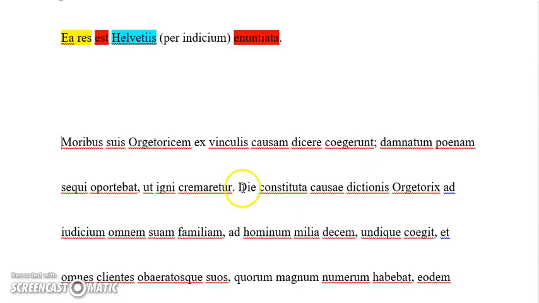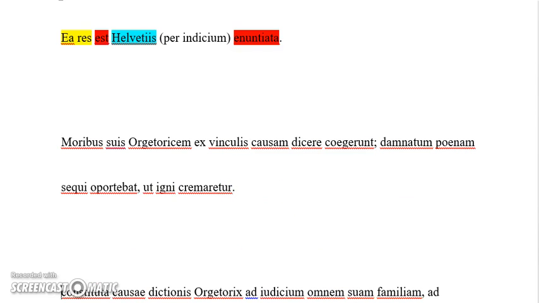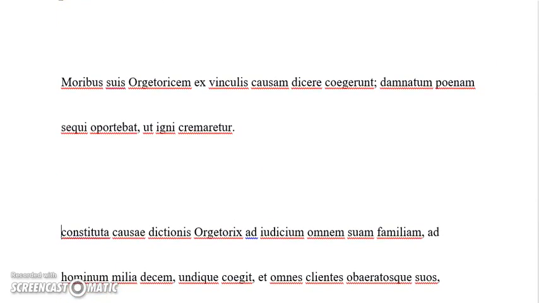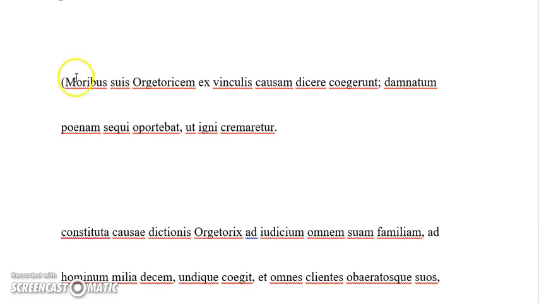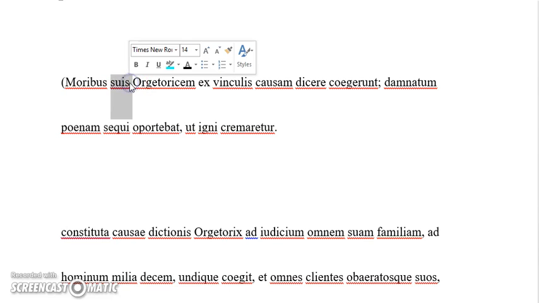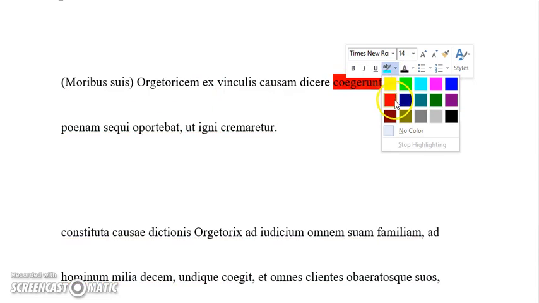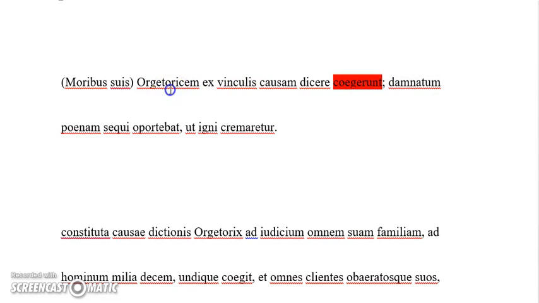Let's go ahead and separate out the next sentence. Moribus suis is a prepositional phrase. And moribus is customs, not death, because it doesn't have the T. Cogerent Orgetorix.